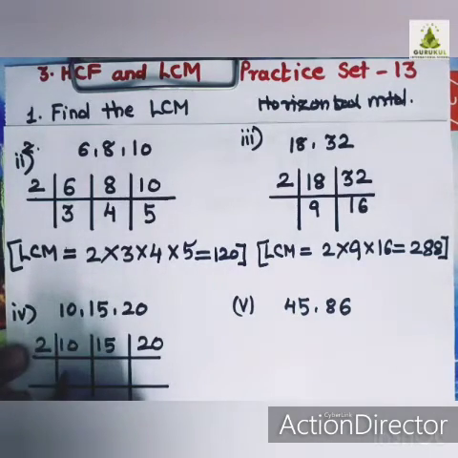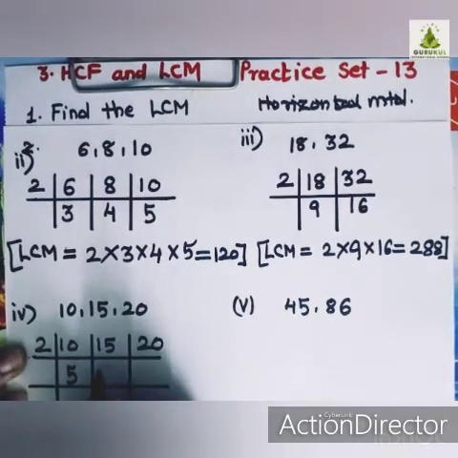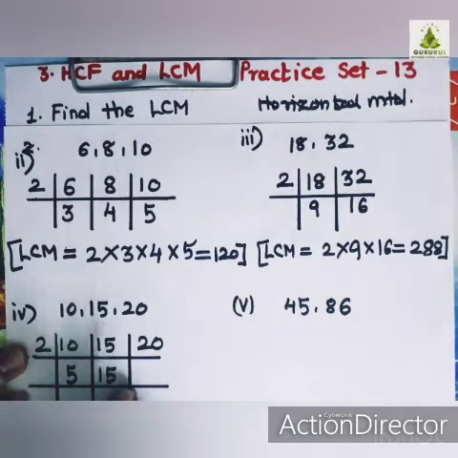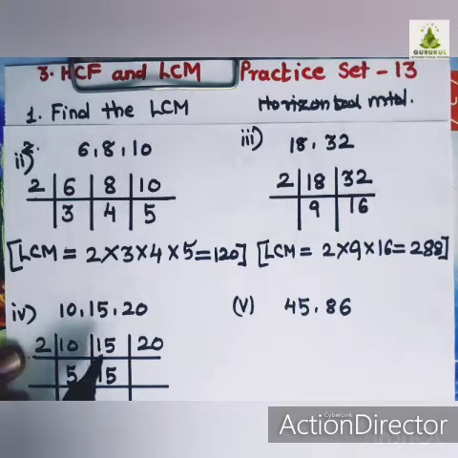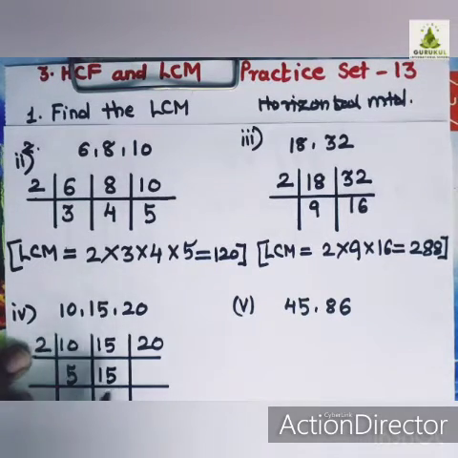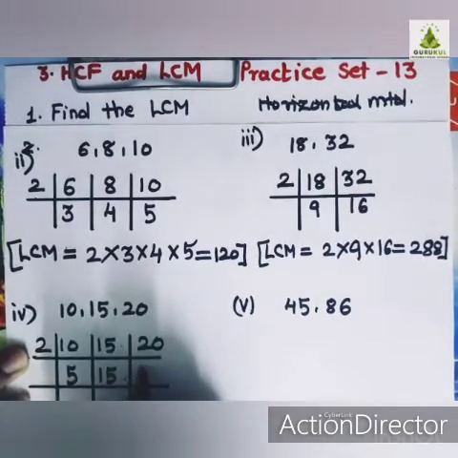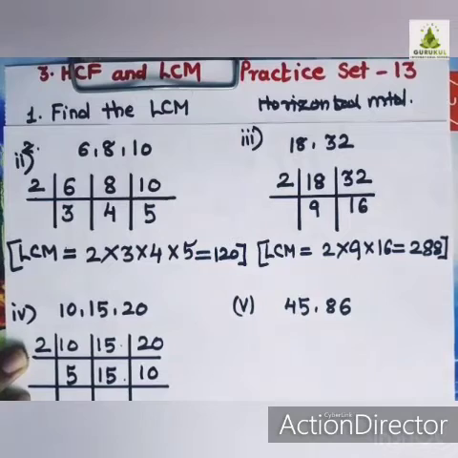Okay. 2 5s are 10. 15 we cannot divide, so you have to write it as it is. See, this is very important step, children. Here I am dividing this by 2. So 10 I divided, I wrote here 5. Now 15 doesn't come in the table of 2. So you have to write 15 as it is down. And 2 10s are 20.